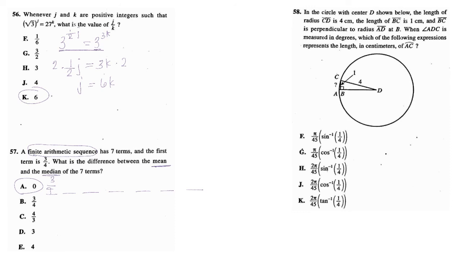The length of BC is 1. Alright, so when arc ADC, so ADC is measured in degrees, which of the following expressions represents the length in centimeters of AC?